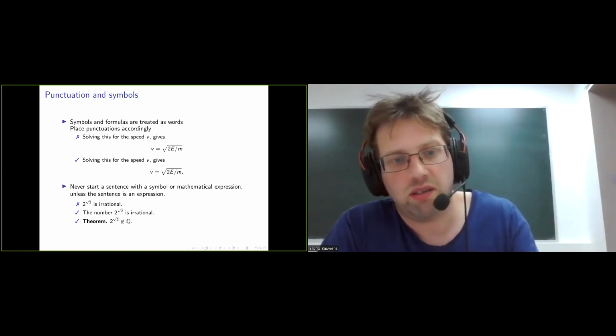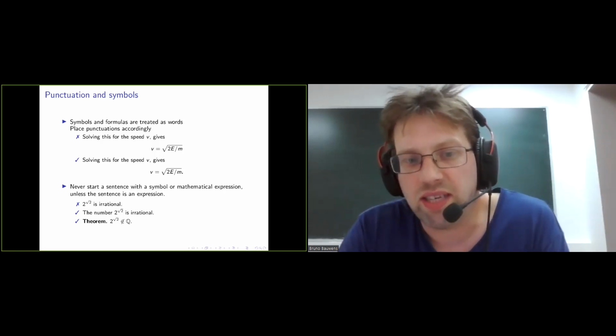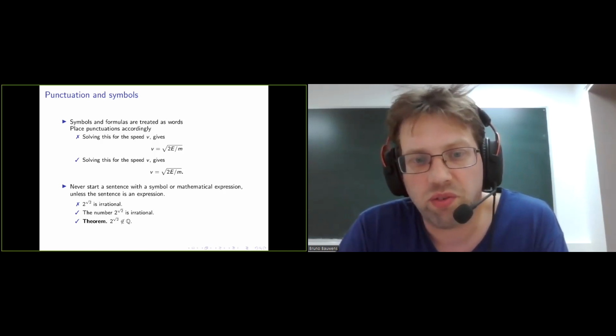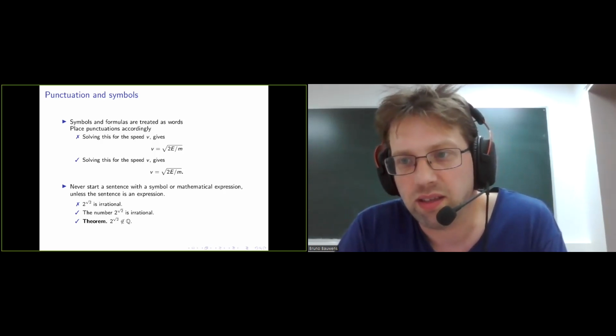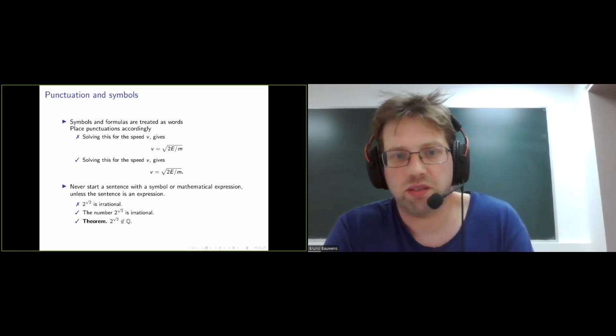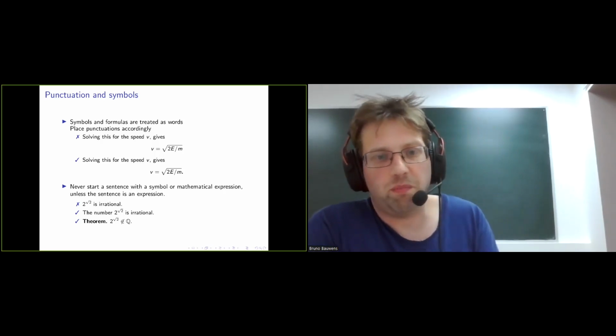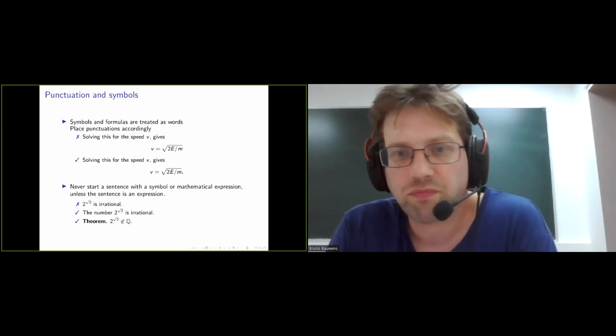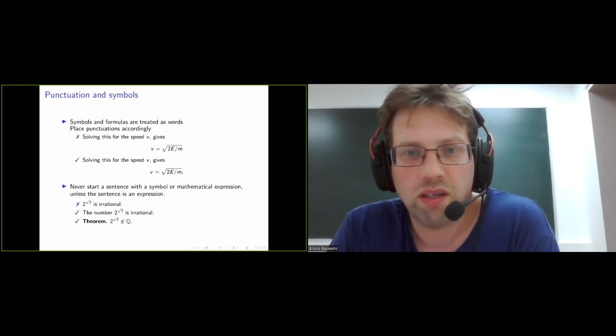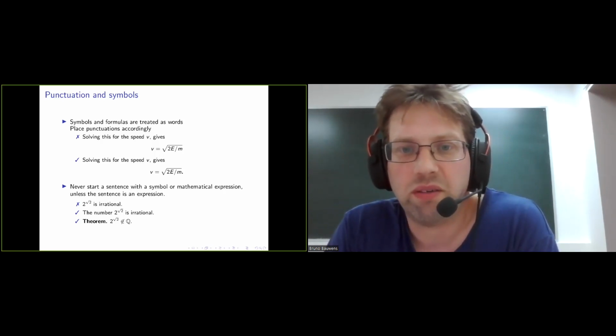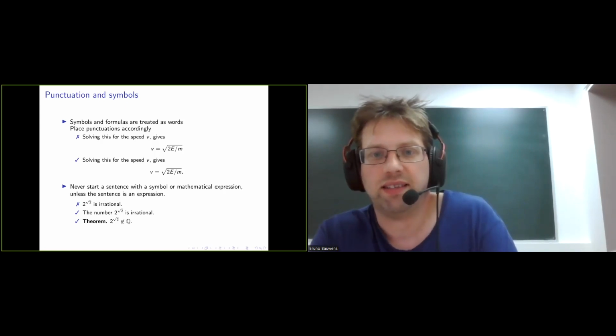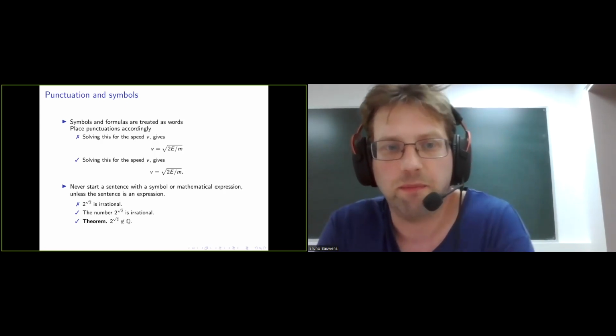But you can have sentences that consist only of a mathematical expression, like in the last line. This is okay, and then you have to put a point after it. It doesn't matter if the formula or expression is inside the text or in a separate display.